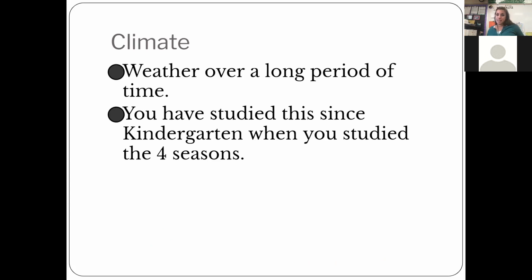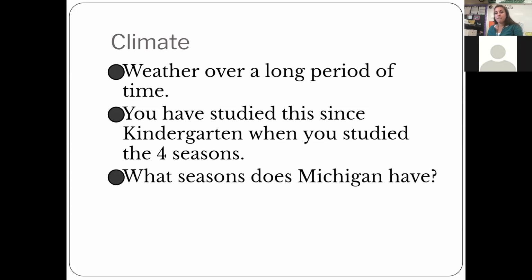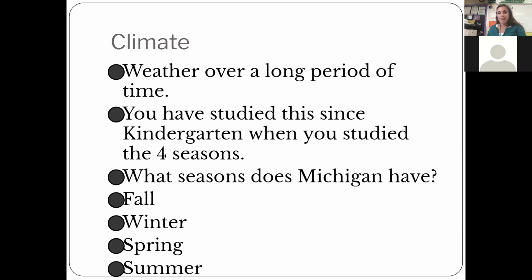Now, you've studied this since kindergarten because the climate revolves around our seasons, and we have 4 seasons: fall, winter, spring, and summer. For us, the seasons all have very different weather patterns, as we know. Whereas in other places, it's hot all the time, or it's cold all the time.